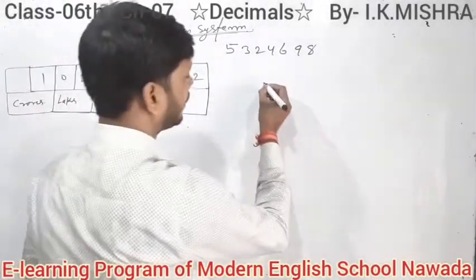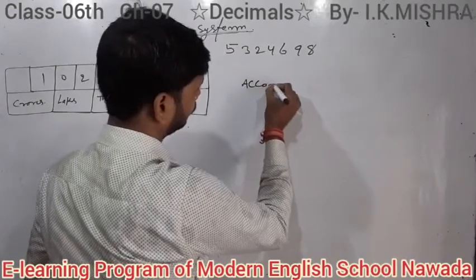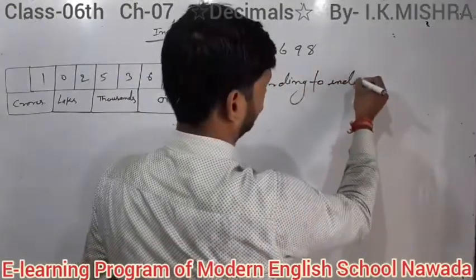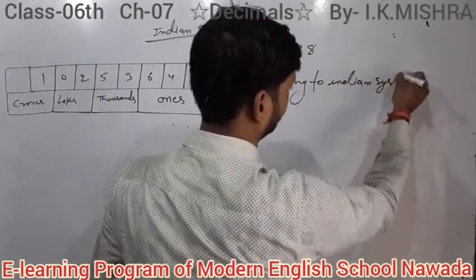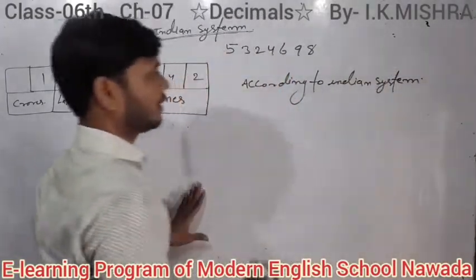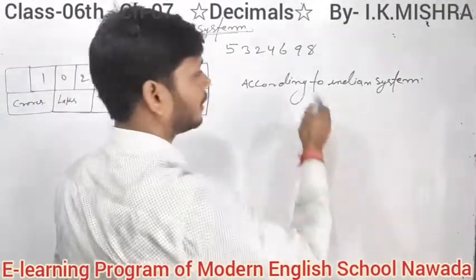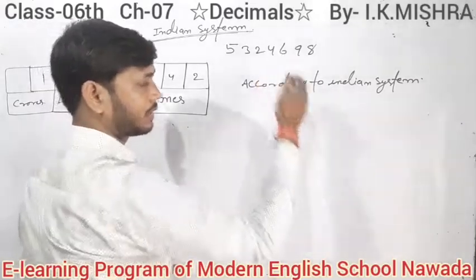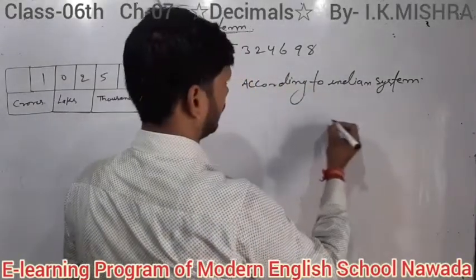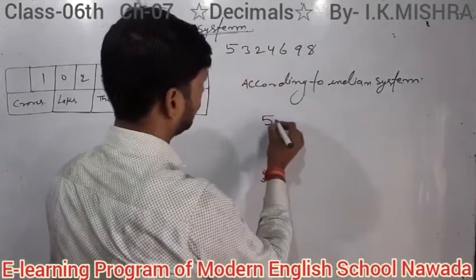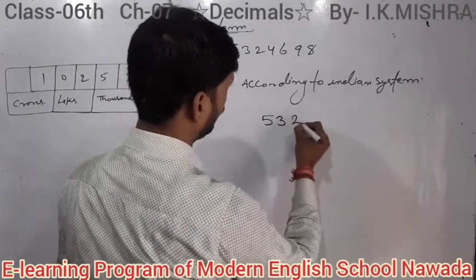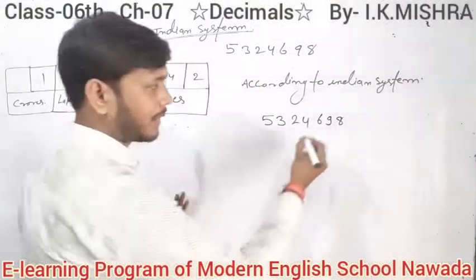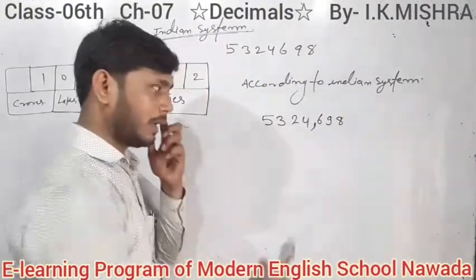According to the Indian system, first put a comma after 3 digits from the right side. That means first write 5324698 and put a comma here.